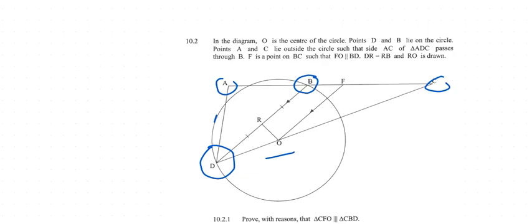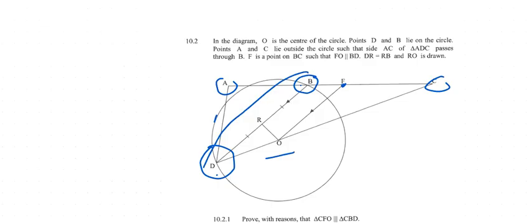F is the point on BC such that FO is parallel to BD. And DR equals RB because this is the whole length, and if we cut down this length, both sides are equal. And RO is drawn. Okay, so what we have to prove in this?